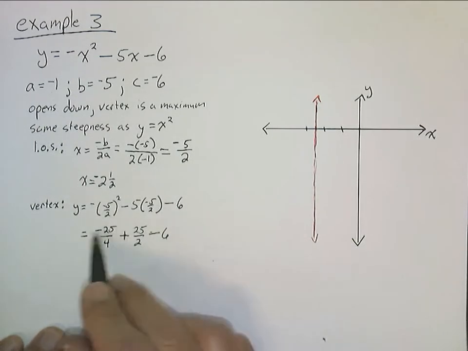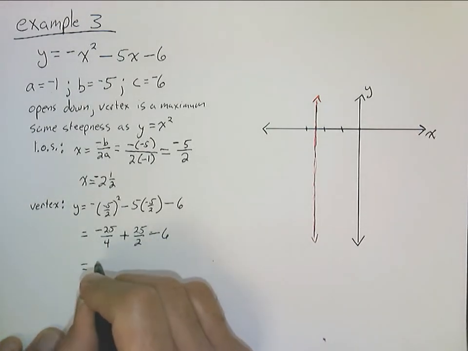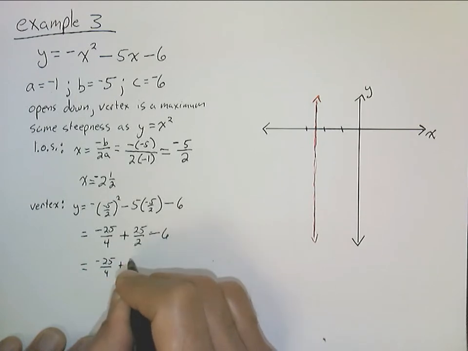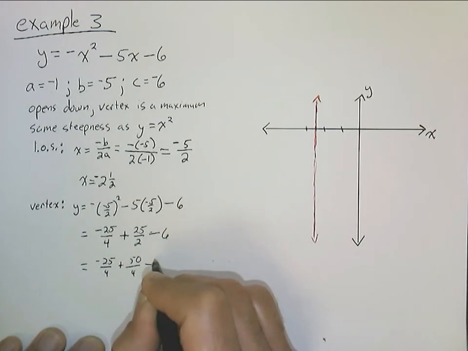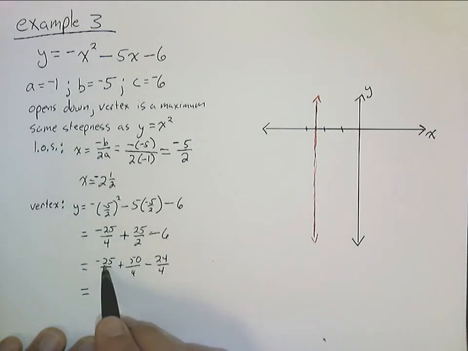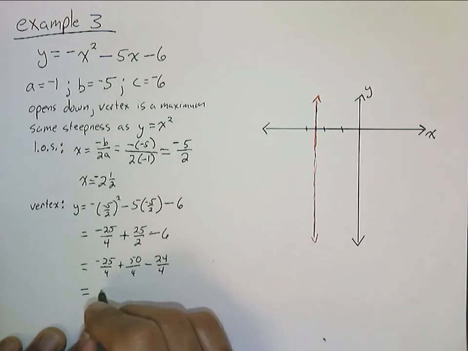But now, in order to do this addition and this subtraction, we need a common denominator. So this is negative 25 fourths plus 50 fourths minus 24 fourths. Negative 25 of these fourths plus 50 of them gives us positive 25 fourths. Subtract off 25 fourths and we get 1/4.